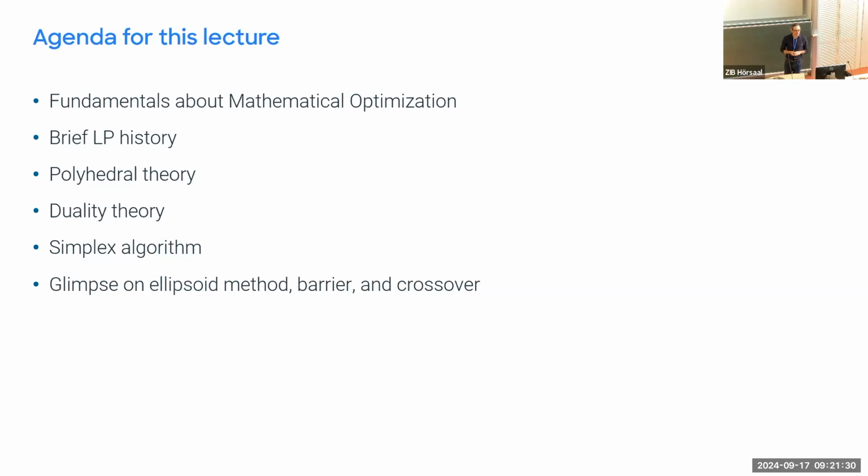Let's look at the feasible regions of linear programs, revisit some duality theory, and from that build up to introduce the simplex method, which is, as we've already heard, one of the most important methods for solving linear programs in practice. And I will only give you a very, very short glimpse on ellipsoid method, barrier and crossover, so you have a more complete picture.